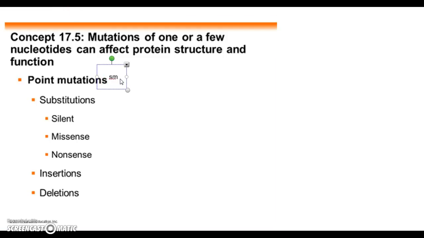Okay, small scale mutations, much different than the chromosomal rearrangements, the duplications and deletions that we saw in chapter 15 that can rearrange large parts of a whole chromosome. So when we're talking about small scale mutations here, we're talking about really one to a few DNA nucleotides.